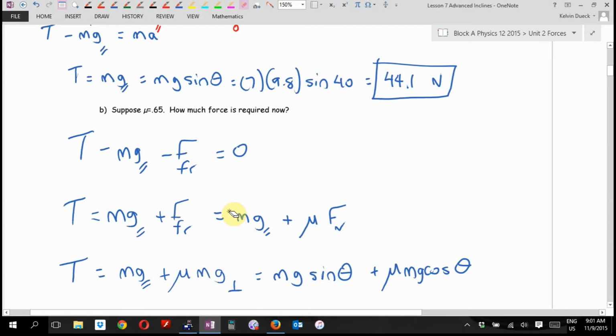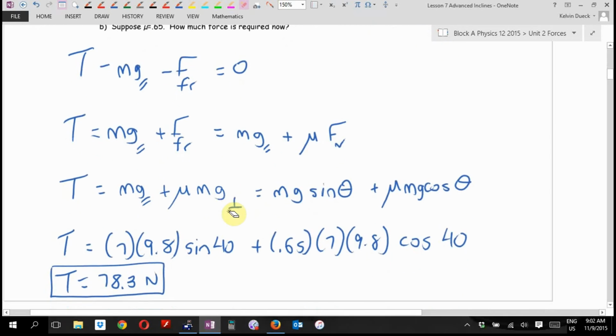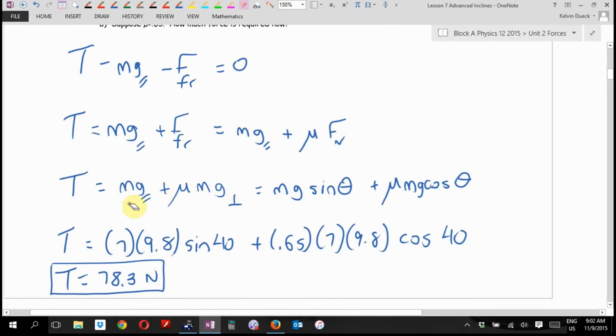Okay. Doable. Ooh, what if I'd given you the tension? I like this question. And instead, I didn't give you the coefficient of friction. What if I said, what does mu have to be? You would get to this line right here, but you know what you would get by itself? The mu. You would have left this here, probably would have plus friction over, and then you would have said, okay, I'll divide everything at the end by the normal force.